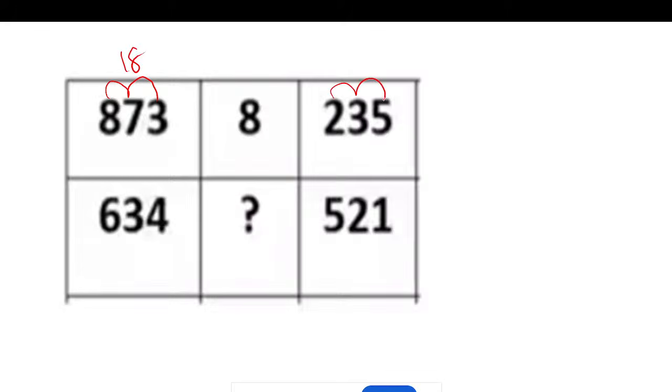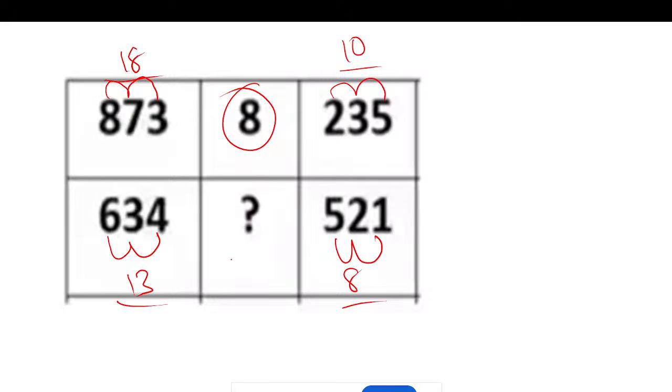If you add these values, the result is 10. 18 minus 10 is 8. In the same way, if you add these, 13, 13 minus 8 is 5.